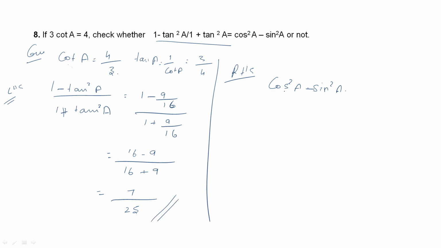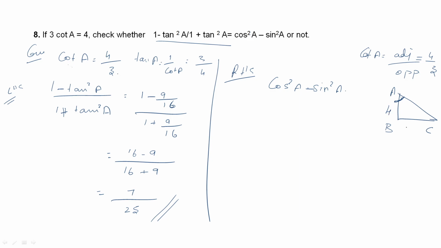Let's calculate cos square A minus sin square A. Cot A is given. Cot A is adjacent by opposite. Let me draw this. Okay, triangle ABC. Cot A is given as 4 by 3. So what is the angle A?